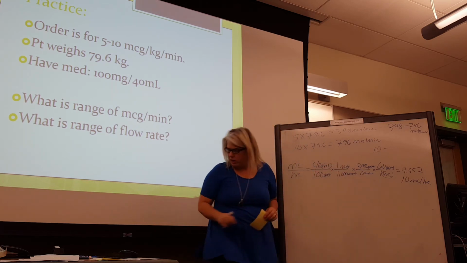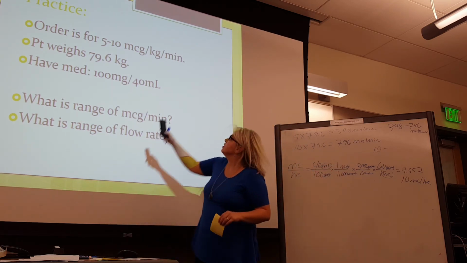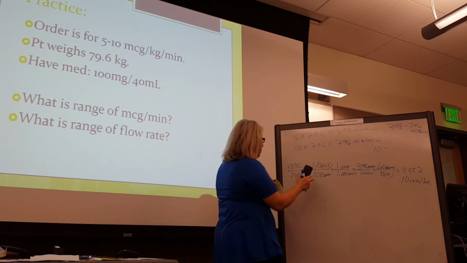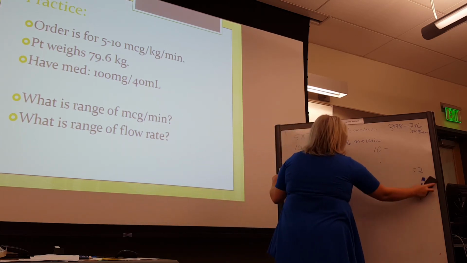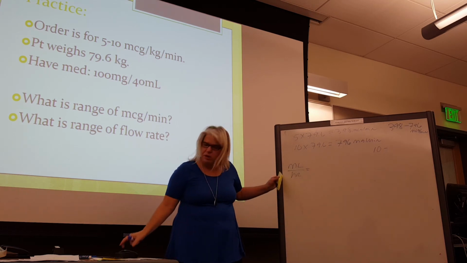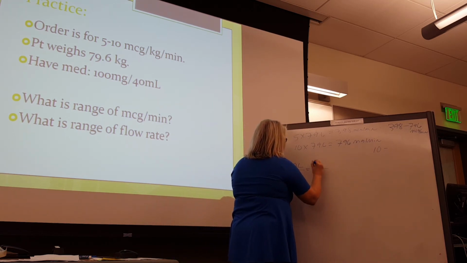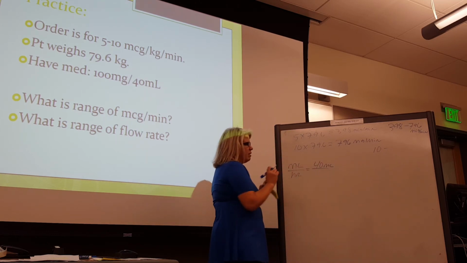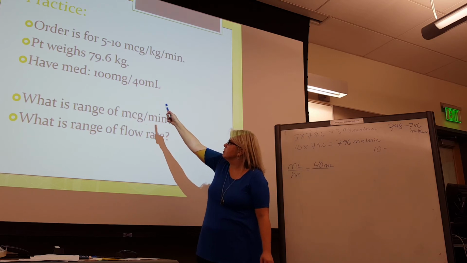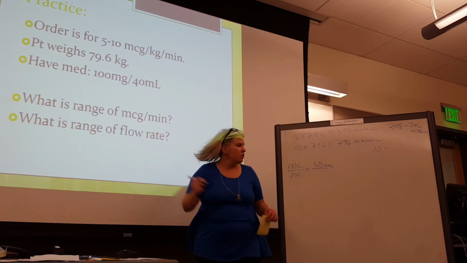And now we're going to calculate for the high range, which is 10 micrograms. I'm going to erase that. But again, what's going to go on top here is still 40 milliliters, because that matches that, milliliters, and the 40 milliliters is still attached to 100 milligrams.